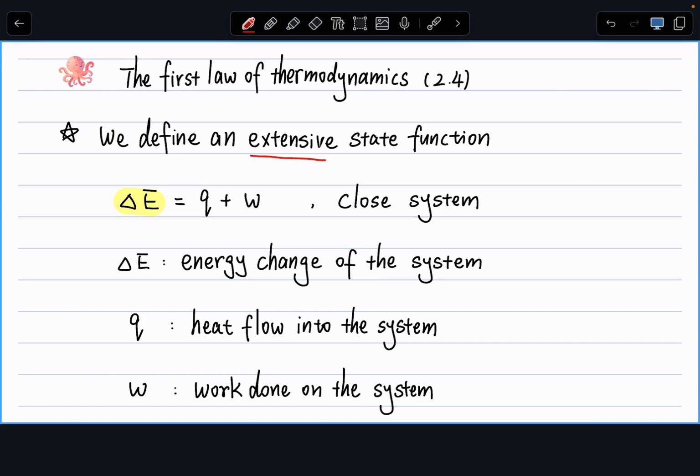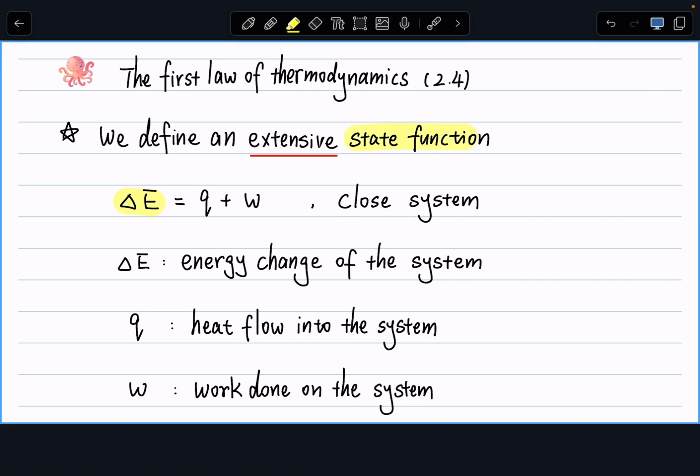First of all, you have extensive. Remember, we have extensive versus intensive. Extensive tells you the value of this extensive property equals the sum of the value of each part of that property, right? So it's straightforward: hey, I have a small cup of water, I have a large cup of water. The volume is different, so volume is an extensive property.